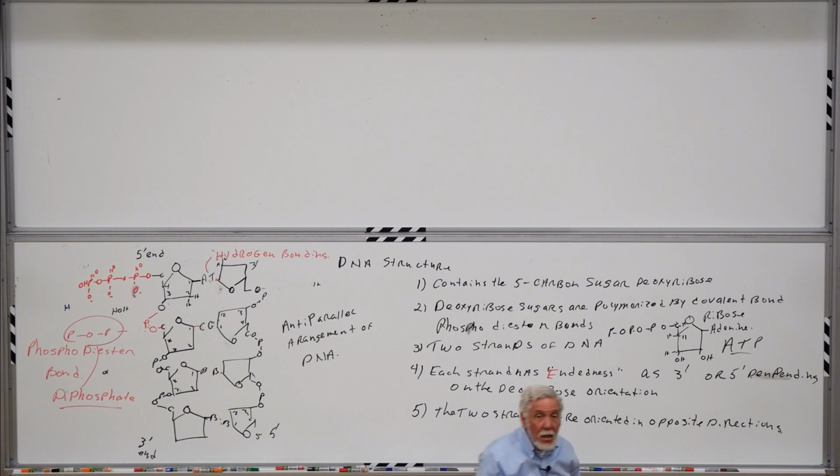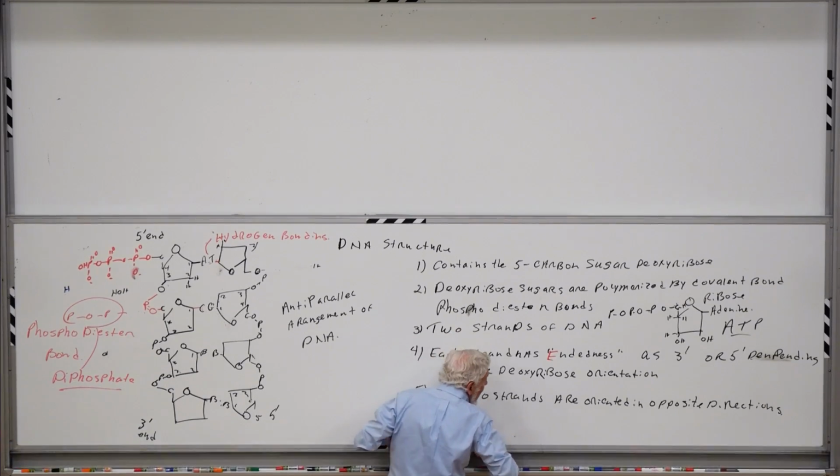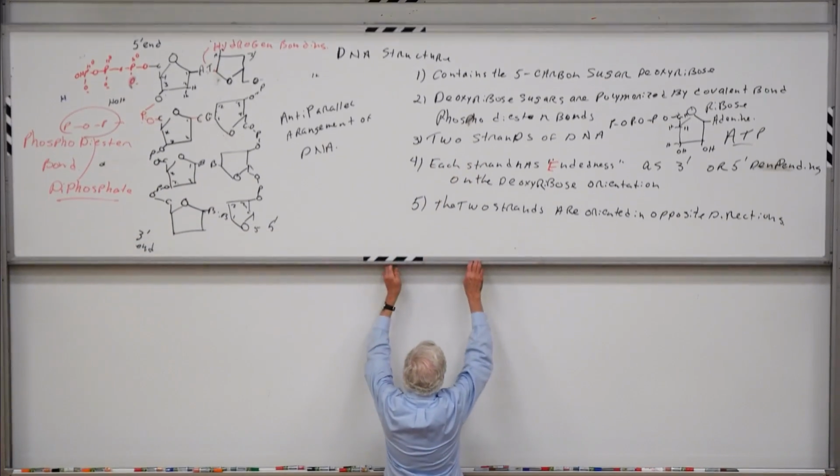Yes? So the oxygen and the phosphorus from the phosphodiester bond, that's part of the trinucleotide. Okay, so this is a question that came up last time too, and I'll spell it out. This is a term of nomenclature.